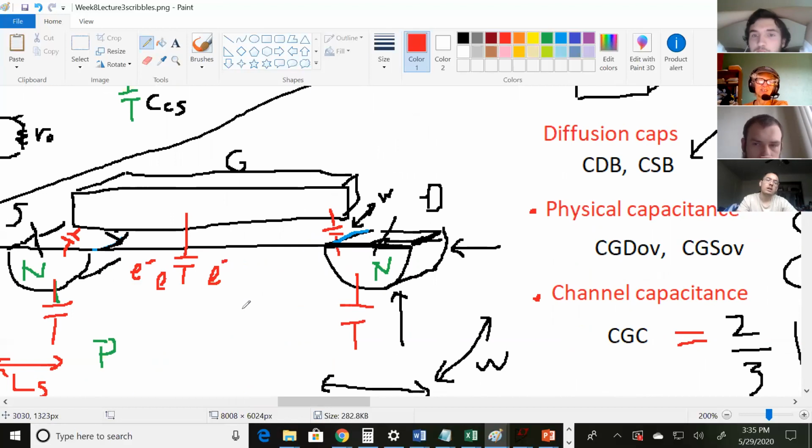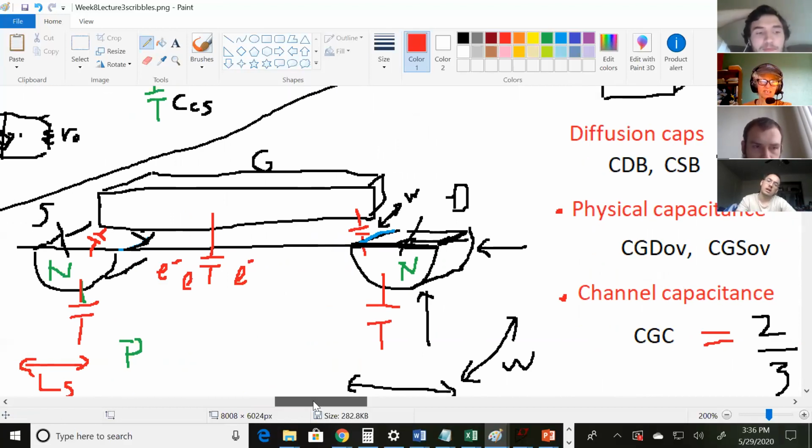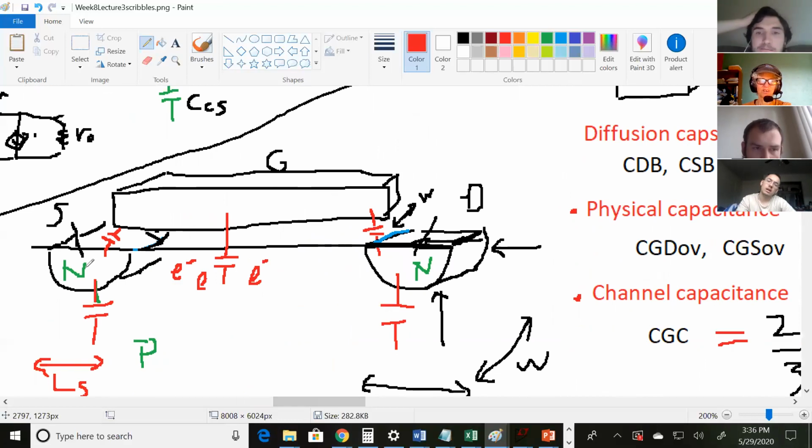Okay, so it's on the source, right? For the common gate. Yeah. So you're here. So how many capacitances are directly connected to the source then? We've got gate source overlap and CSB. CSB, yes. And you're done.